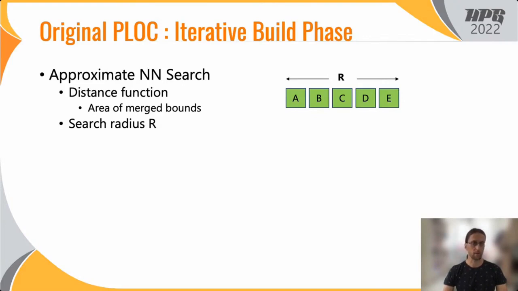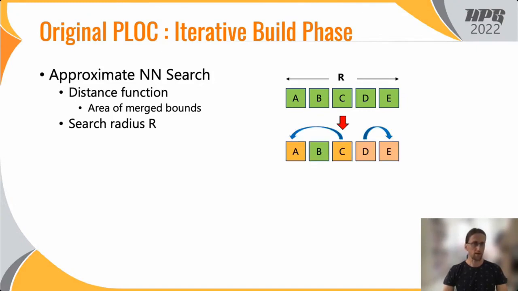In our example here, we evaluate the distance function at position C for the pairs AC, BC, DC, and EC. The nearest neighbor is the element for which the distance function is the smallest.